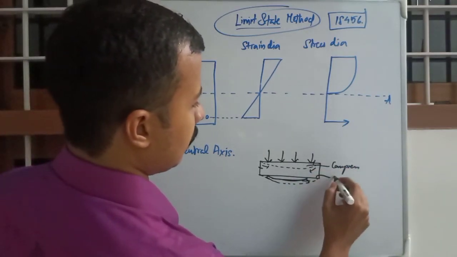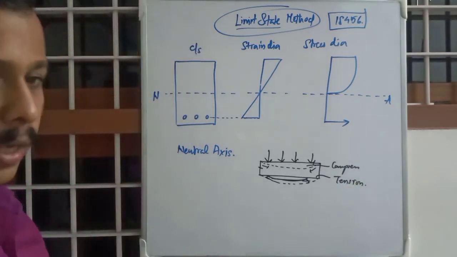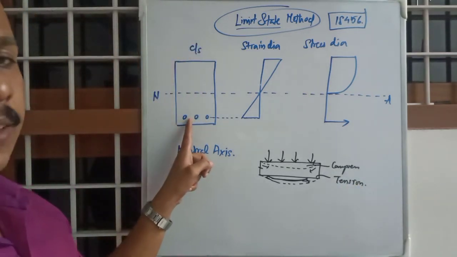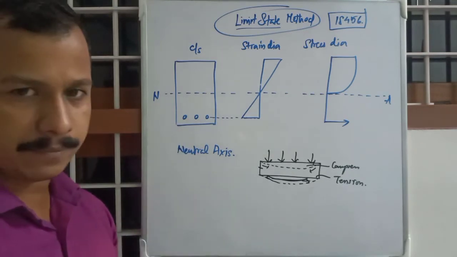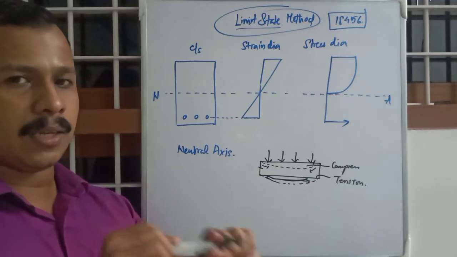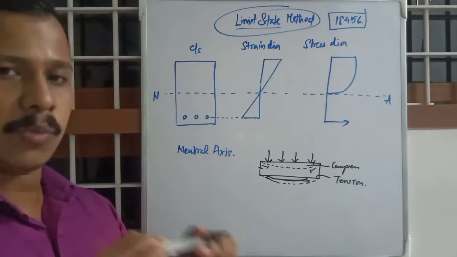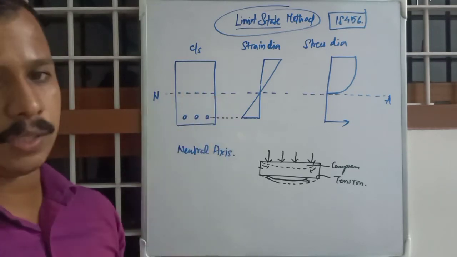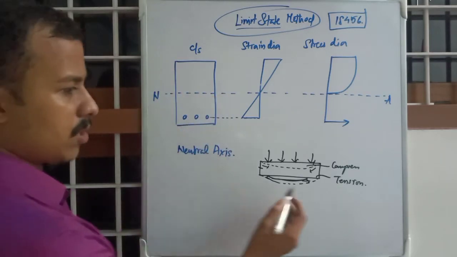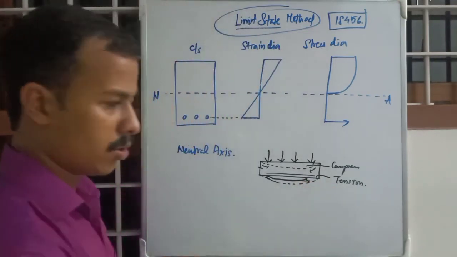Compression and tension. That is why we provide steel reinforcement on the bottom only, because steel can resist tension much better compared to concrete. So steel resists tension, and that's why we provide steel reinforcements like this.